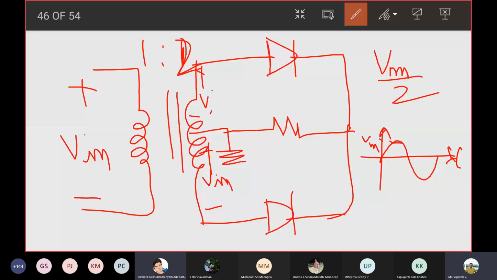So this would be V in and this would be V in. I can take turns ratio 1:4. This will be 2 V in and this will be 2 V in. I can take 1:10. This will be 5 times V in and this will be 5 times V in. Right? I can take turns ratio anything I want to.